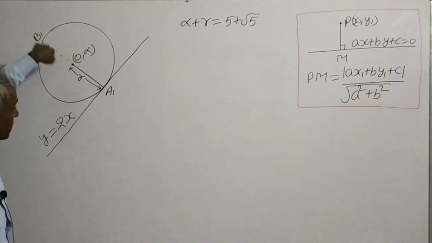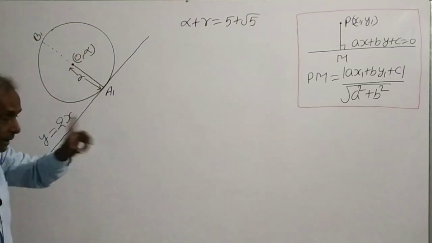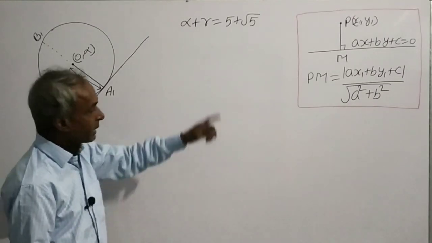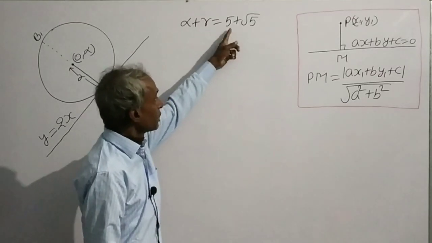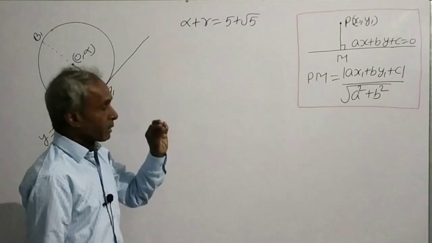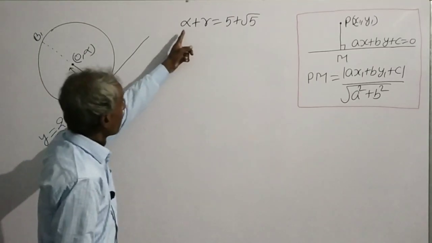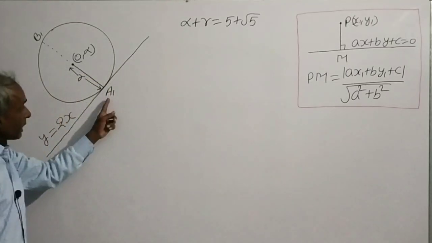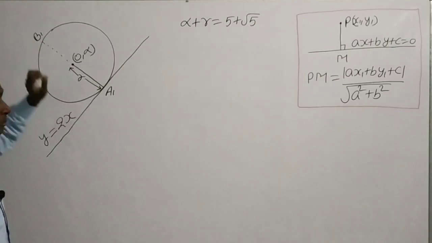That means it is one diameter of this circle. It is also given in the question that alpha plus r is equal to 5 plus root 5. Now we have to find the value of alpha, the value of r, the coordinates of point A1, and the coordinates of point B1.